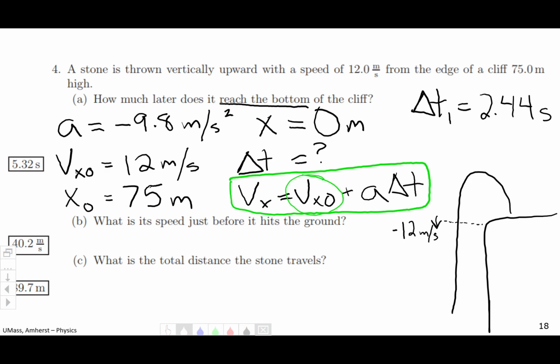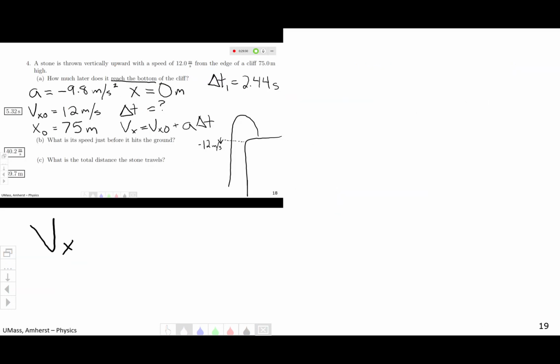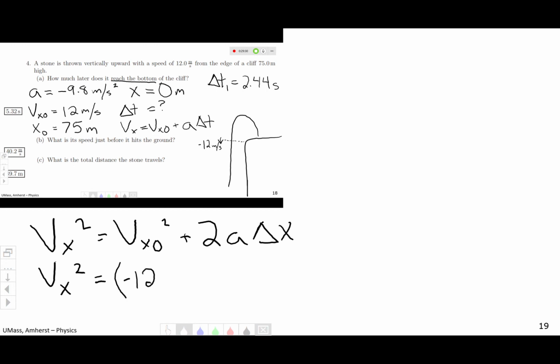So in order to do that, we're going to use Vx squared equals Vx0 squared plus 2a delta x, where in this case our Vx is our unknown. Our Vx0 is negative 12 squared plus 2 times negative 9.8, delta x is 75 meters.